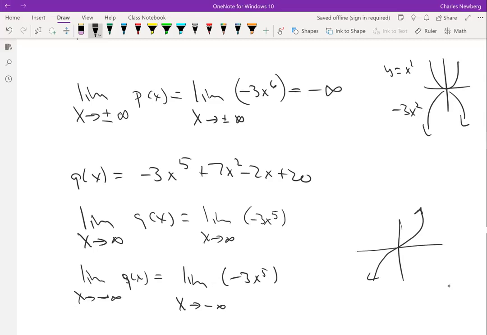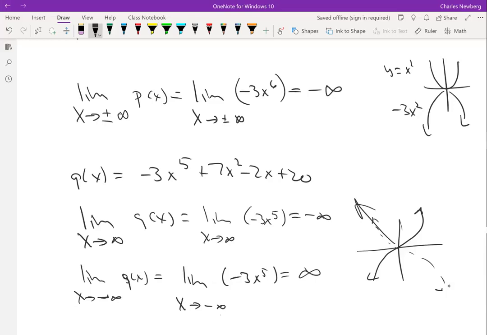And then what's the negative going to do? Flip it over, right? So it's going to be this one right here. So as x goes to positive infinity, where are these going? Negative infinity. And as x goes to negative infinity, where are those going? Positive infinity.